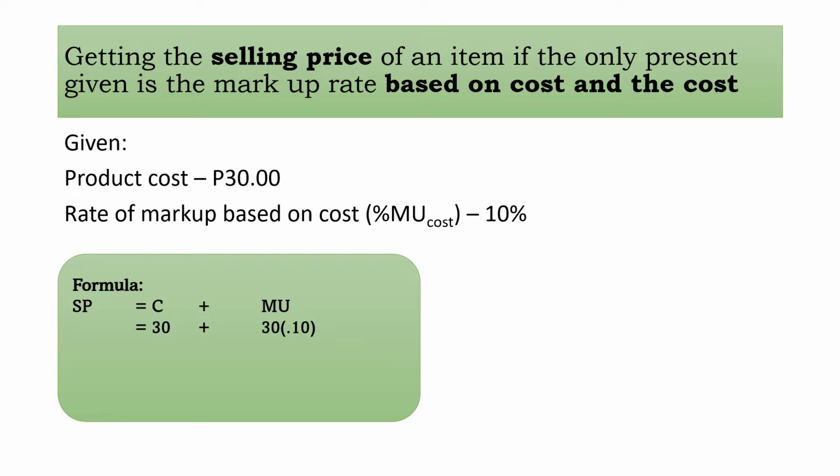So let us substitute. The cost is 30 pesos and the markup is 10% of the cost. So that will be 30 times 10%. Now 30 plus 3, since the markup is 3 pesos, 30 times 10%. So the selling price is 33 pesos.